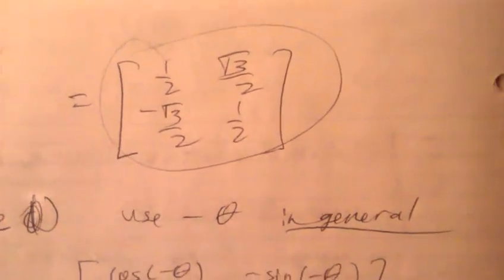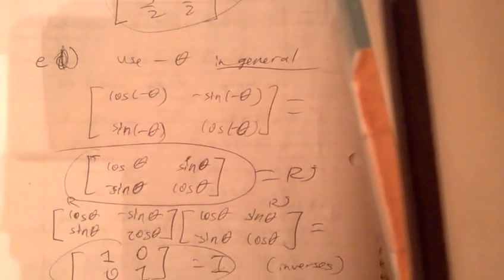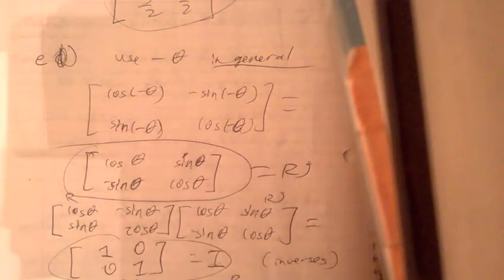Okay, so for part E, it basically wants us to obtain the inverse rotation matrix. And what are we going to get? Well, in general, we just use negative theta for every rotation of theta because you're going the other way. And then we find that these signs have switched, right? Because of the nature of the cosine function and the sine function.